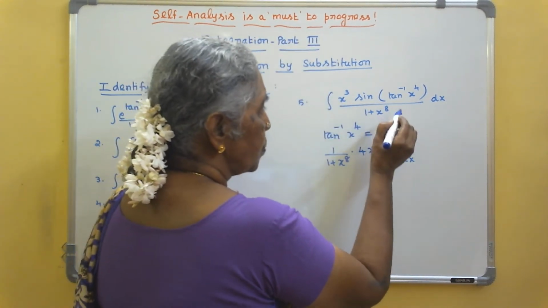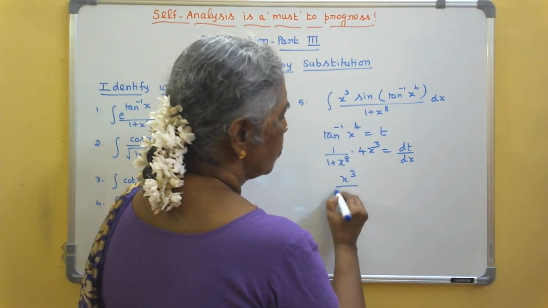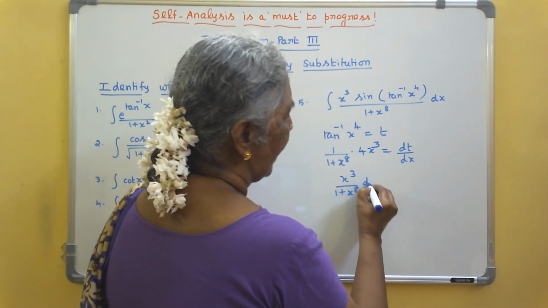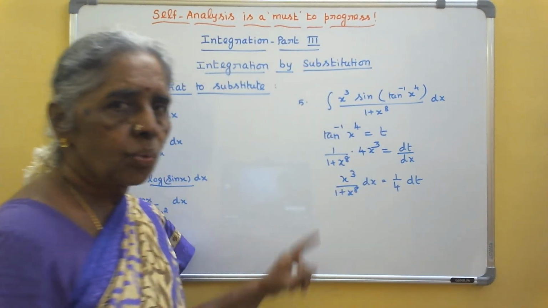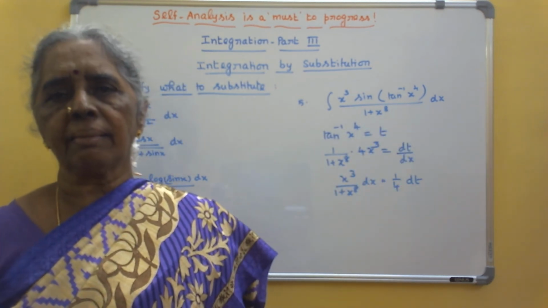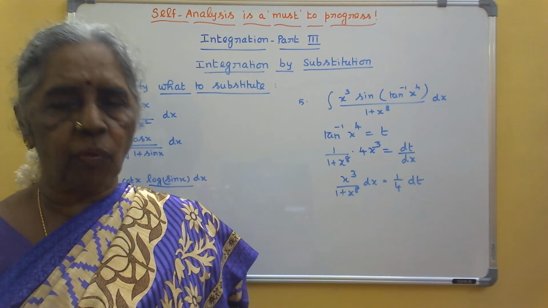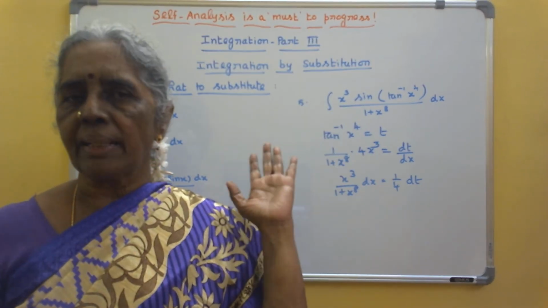You have x cube and you have 1 plus x power 8. So x cube by 1 plus x power 8 dx will become 1 by 4 dt. So in this sum, you are substituting the total angle part, that is tan inverse x power 4 as t, and then you get like this. Then you can proceed easily.